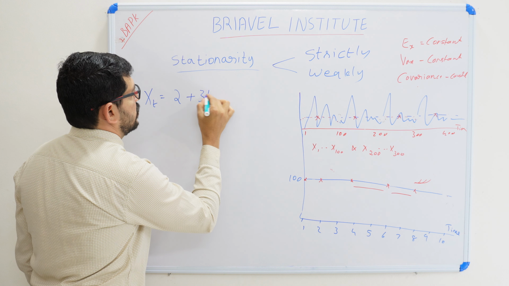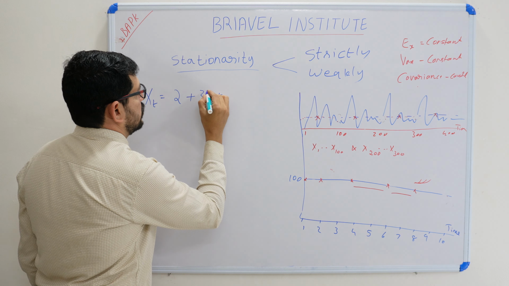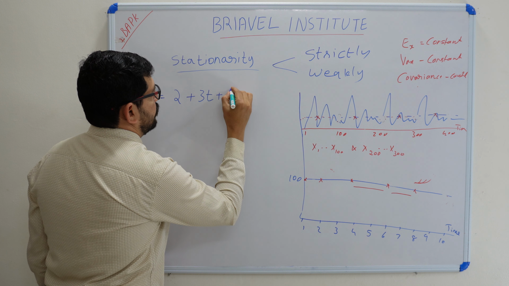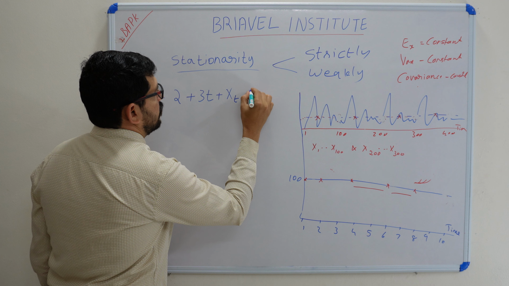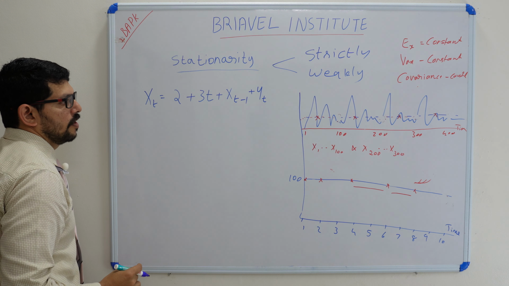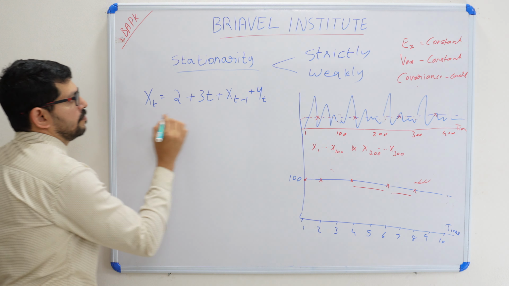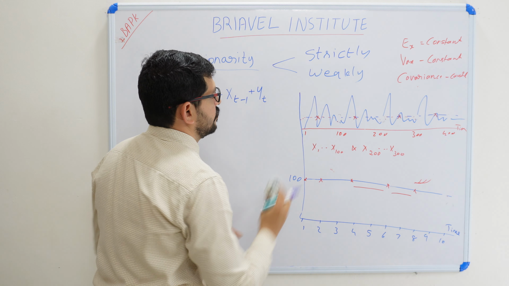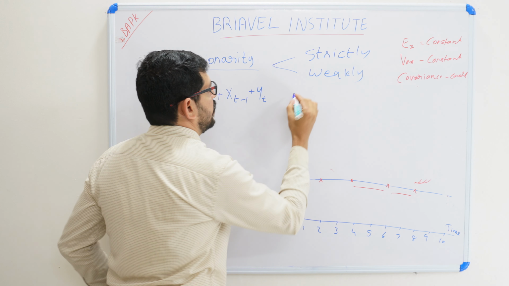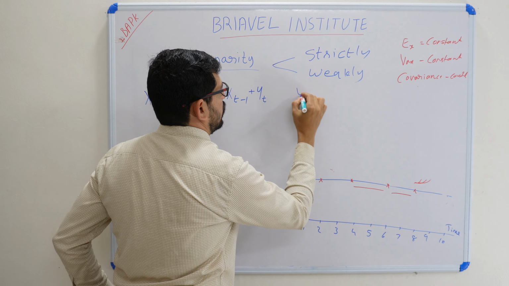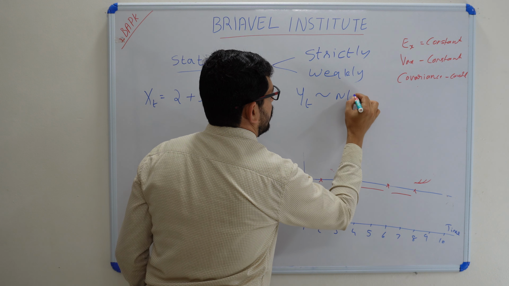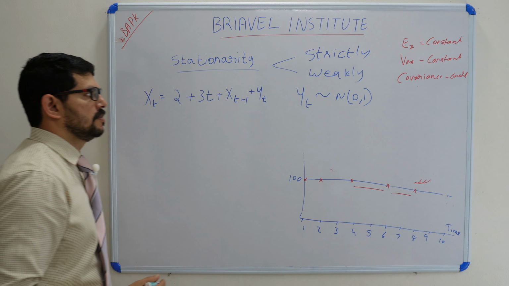Stochastic process: ST is equal to 2 plus 3t plus ST minus 1 plus YT. YT is an IID random variable with a standard normal distribution, 0 to 1.